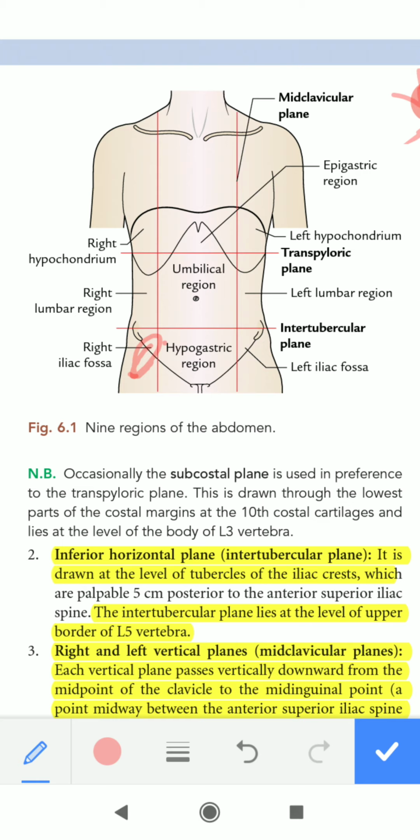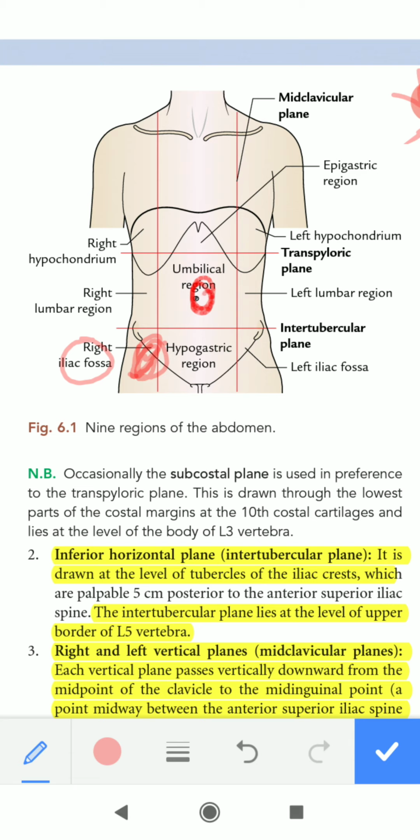If any patient comes to you with complaints of pain in this area, you definitely think about appendicitis, because in the right iliac fossa the vermiform appendix lies, and the most probable diagnosis should be appendicitis.